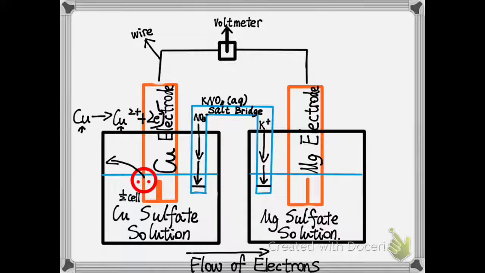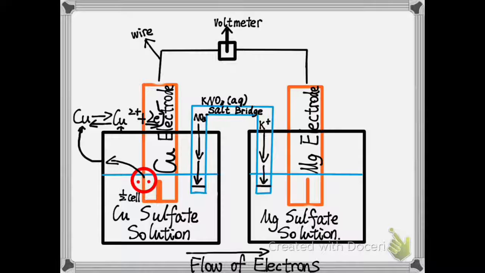At the same time, the copper sulfate solution, the Cu2 plus, gets these two negative electrons, so it becomes the copper electrode.